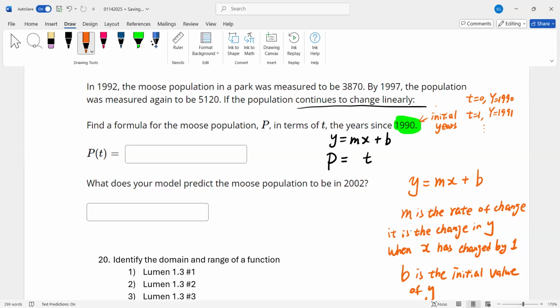The problem mentions 1992. So t is supposed to be equal to 2, right? Because 1992 is 2 years after 1990. And it also mentioned 1997.